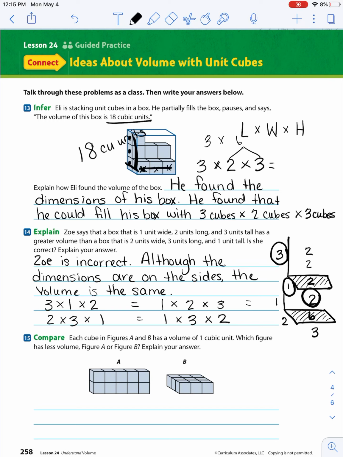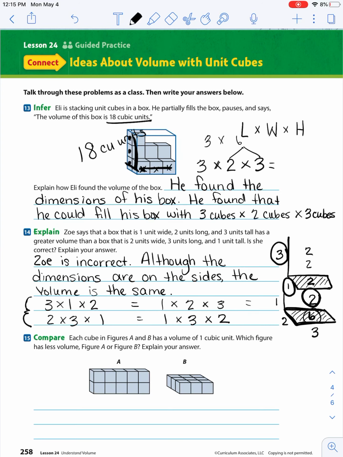This one would only go up 1 time. So just this one side, that's as high as it goes. So it would still come out to be the same. So when you're finding volume, if your dimensions are the same, even if it's on different sides, your volume will end up being the same. Okay, your box can fill the same amount, it just has a different shape.